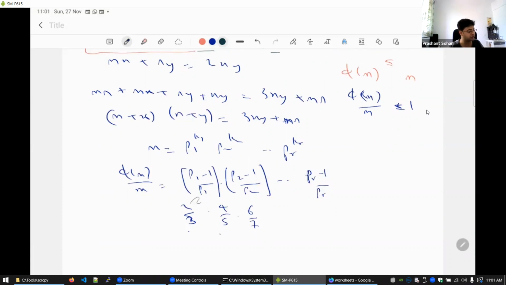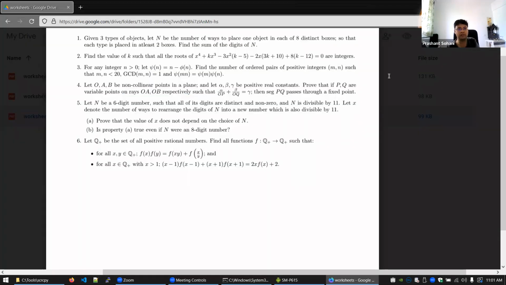If you just multiply these three factors, 2 by 3, 4 by 5, 6 by 7, their product is just below half. And if you keep adding more terms, you can make this ratio as small as possible. So in general phi of m upon m can go all the way to 0, quite possibly.